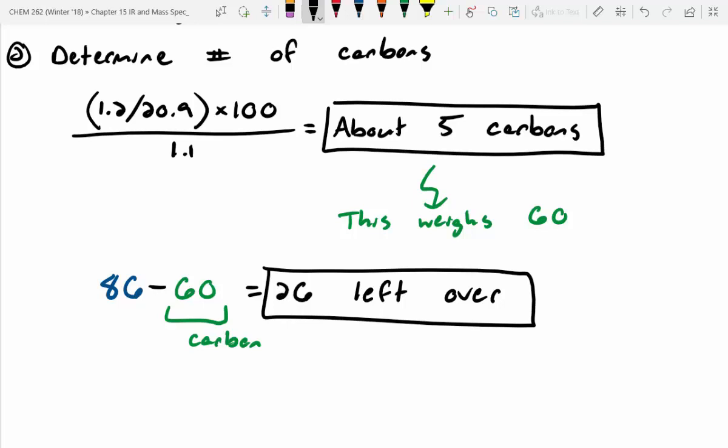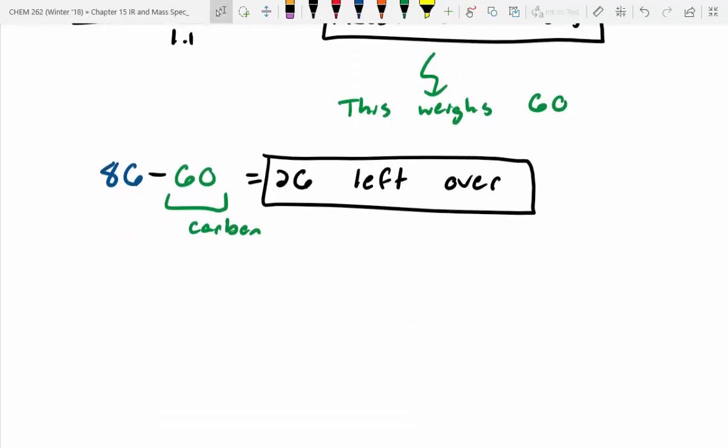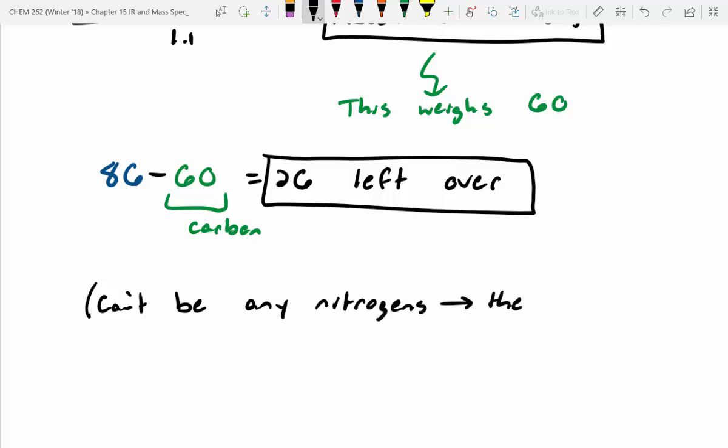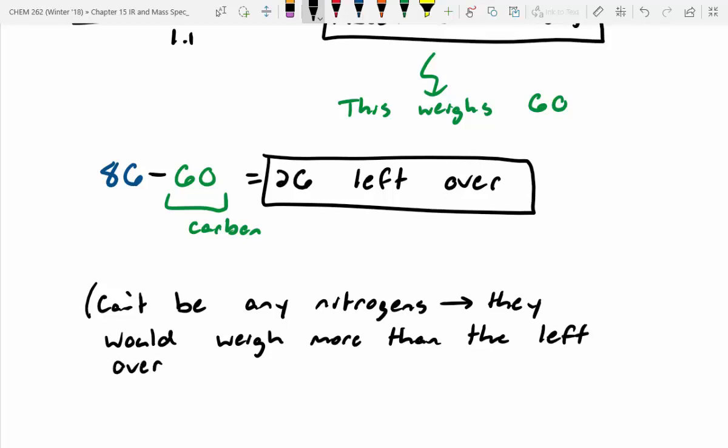So this alone tells us there's no nitrogens in this compound, since they would weigh more than the leftover mass.